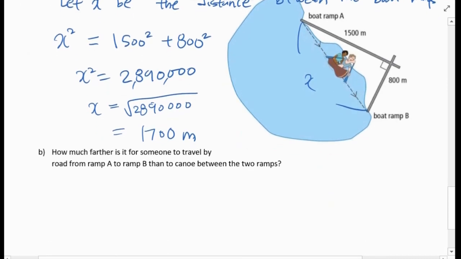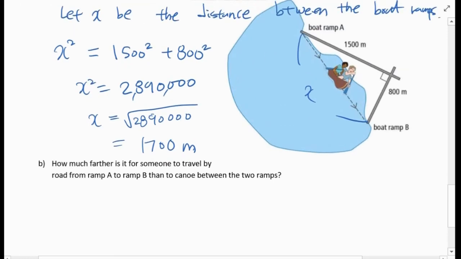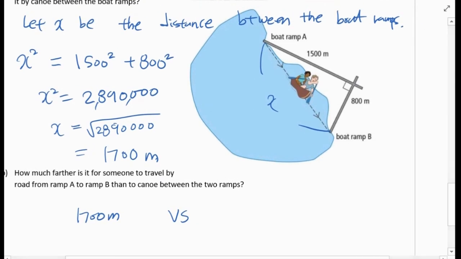How much farther is it for someone to travel by road from ramp A to ramp B than the canoe between the two ramps? So we know x, the distance between two ramps, is 1,700 meter, and we're gonna compare the distance through the road here.